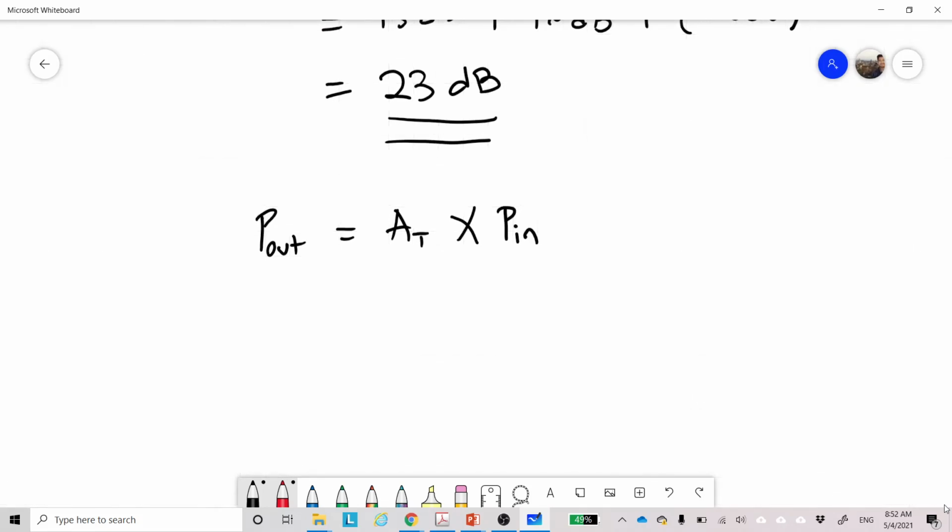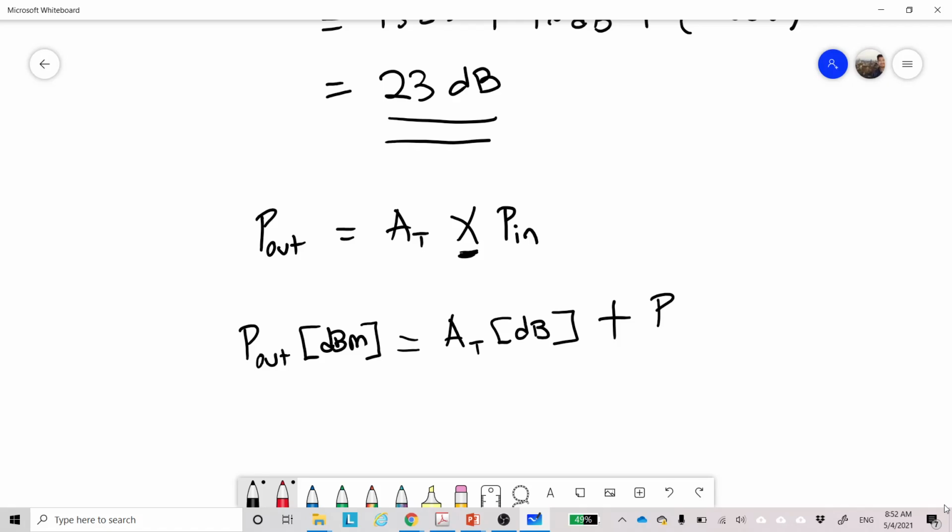However, if this is in terms of dBm, P out in terms of dBm, you see that normally we use this kind of brackets. So A total in terms of dB, and since this was multiplication, here must be plus.